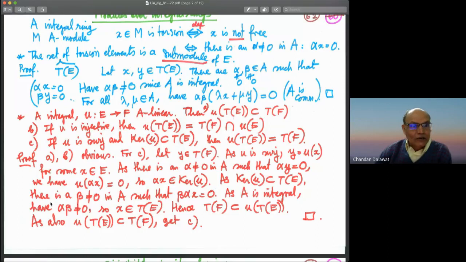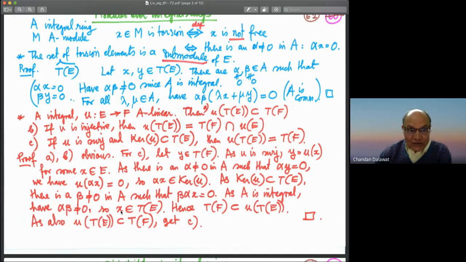Okay, so there's a non-zero element beta in A such that beta of alpha X is equal to 0, right? Because this alpha X belongs to the torsion subgroup, so there's a non-zero beta such that beta times alpha of X is 0. Now this ring A is integral, so alpha beta is not 0.